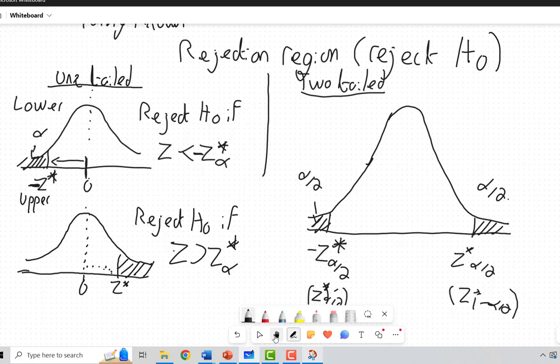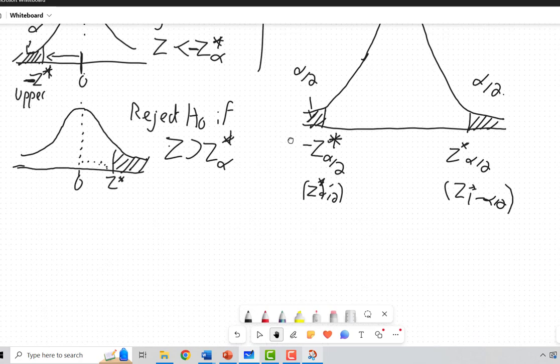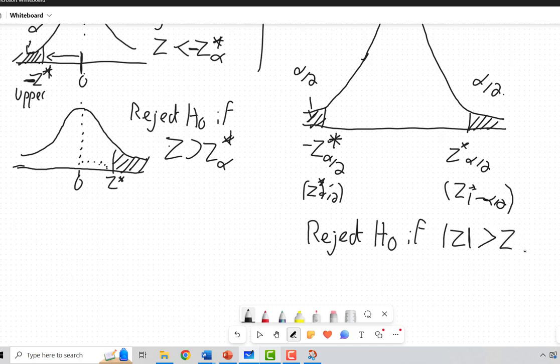Let's move up a little bit. We're going to reject H0 if the absolute value of z is greater than z alpha over 2.